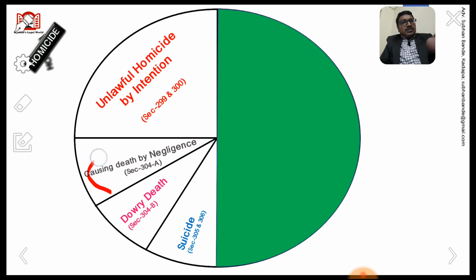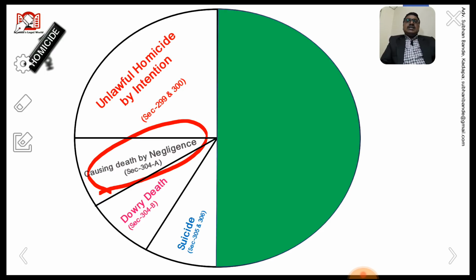The third kind of unlawful homicide is causing death by negligence. If a person causes the death of another human being without taking proper care, with his negligent acts, it becomes a punishable act. It becomes an unlawful homicide. It is specified under section 304A of Indian Penal Code.